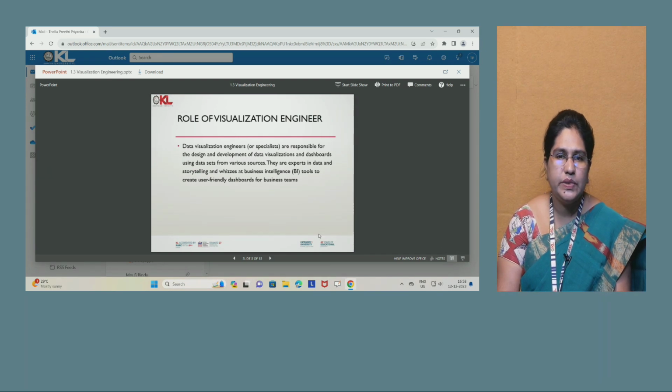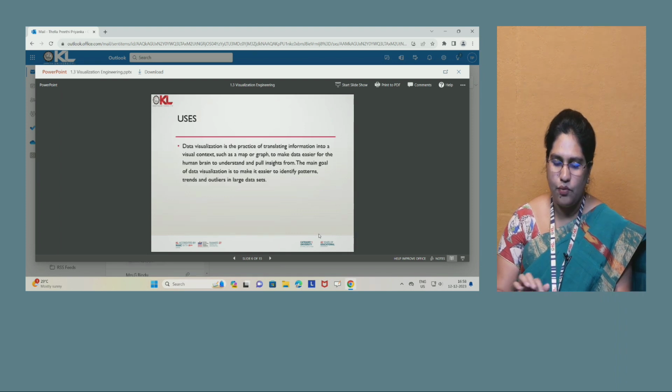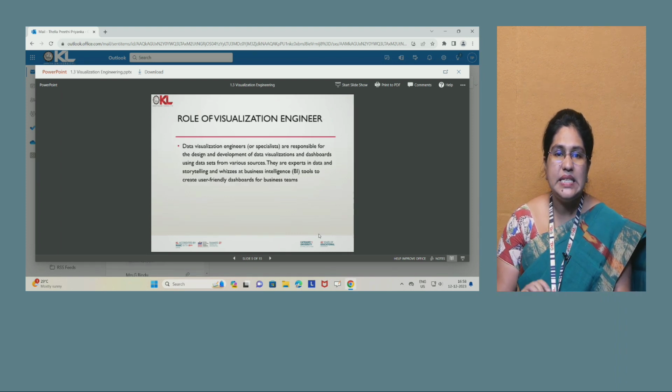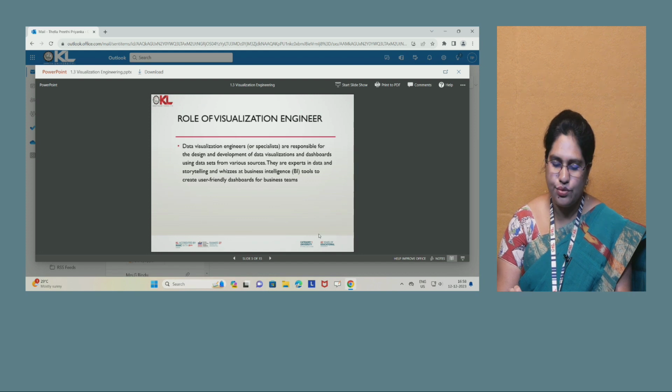They are experts in data and storytelling and skilled in business intelligence tools, creating user-friendly dashboards for the business teams. Business intelligence tools are used to create them very user friendly.